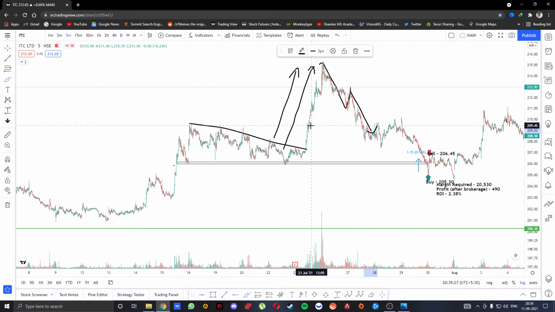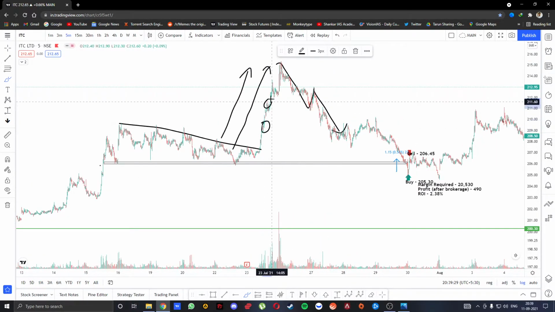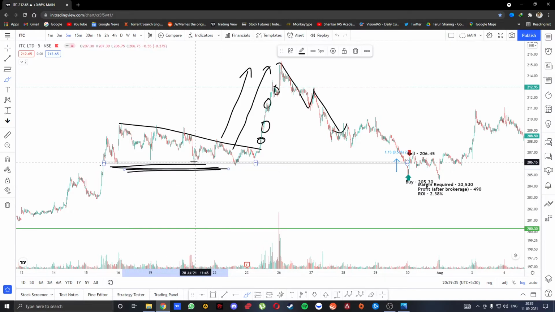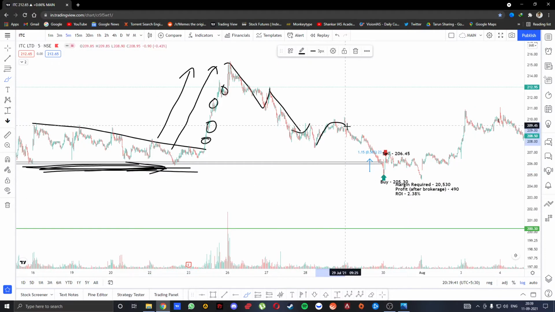Now mostly everyone who has bought here, maybe even bought here, their stop loss would be just below this previous support. Now I would say that mostly retail traders will put their stop losses right here. What happens? As soon as the market comes into that stop loss area, we get a bounce back.